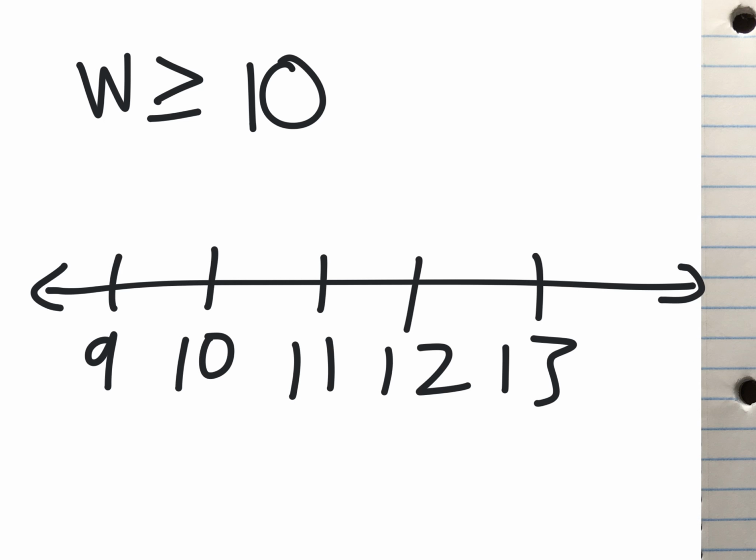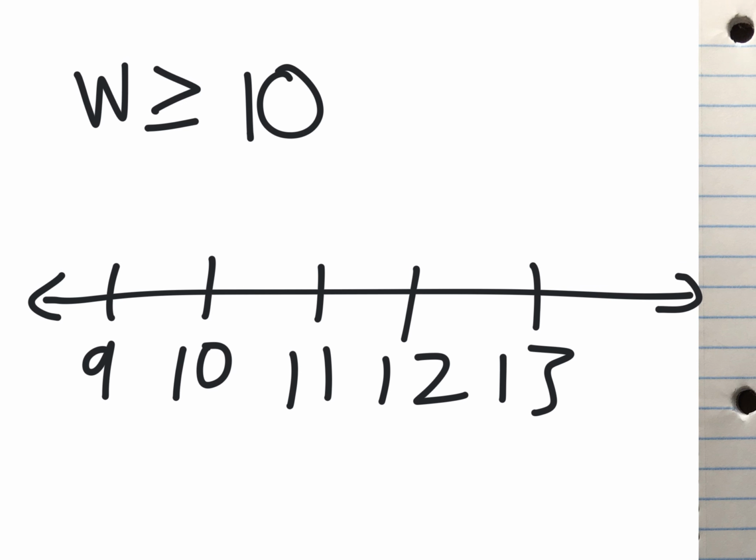We know it is greater than or equal to, so our dot has to be a full dot because we have the equal to. So we'll put a dot at the 10. And since we are looking at greater than, the wait time has to be equal to or bigger than 10, so we move in the direction of the number line where the numbers are getting bigger. So we go over that way.